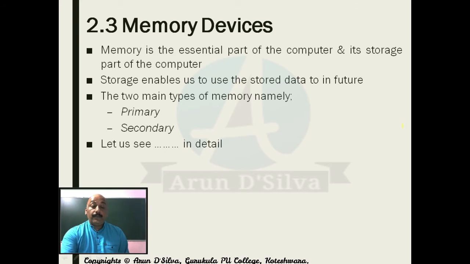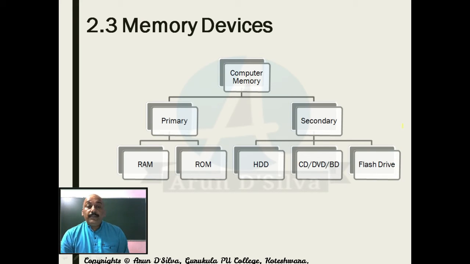Right, so I'm just keeping in front of you the hierarchy representation of memory devices. The computer memory is classified into two groups, that is primary and secondary. In the primary, again we can divide into RAM and ROM.